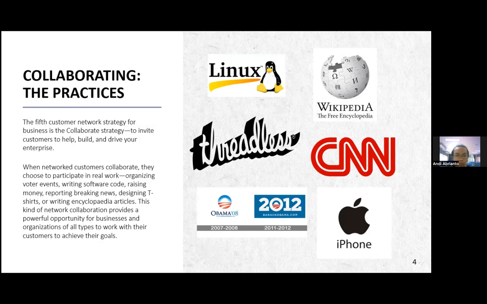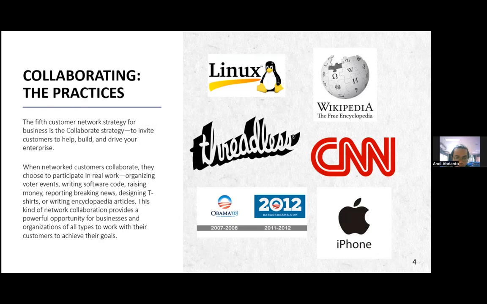Network collaboration can also be used to generate not just a product, but also an ongoing service or process, like at CNN. Starting in 2006, CNN proved this can be applied in the field of news gathering.